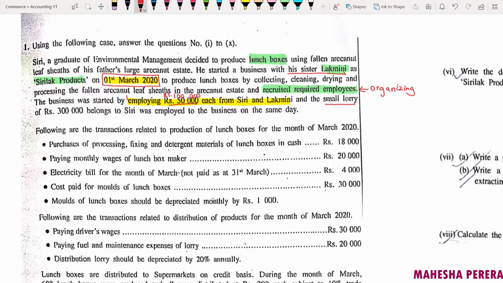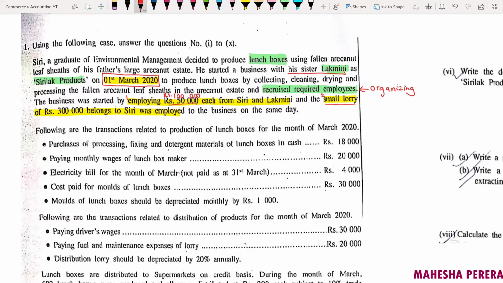This is actually the next transaction: the small lorry of 300,000, Siri's private vehicle, was employed as capital on the same day. So the first and second transactions happened on the first day itself.